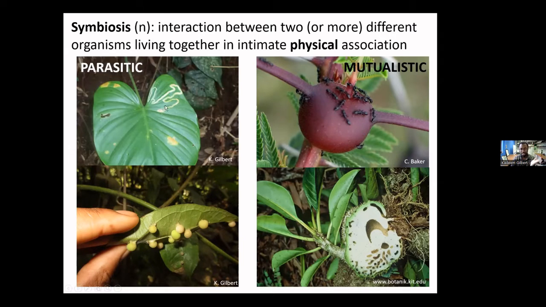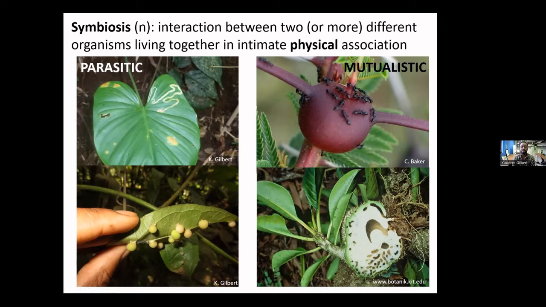Parasitic in the case of things like leaf miners or galls, and mutualistic like your ant-defended acacias or Myrmecodia, which produces ant houses inside for getting nitrogen from ants.